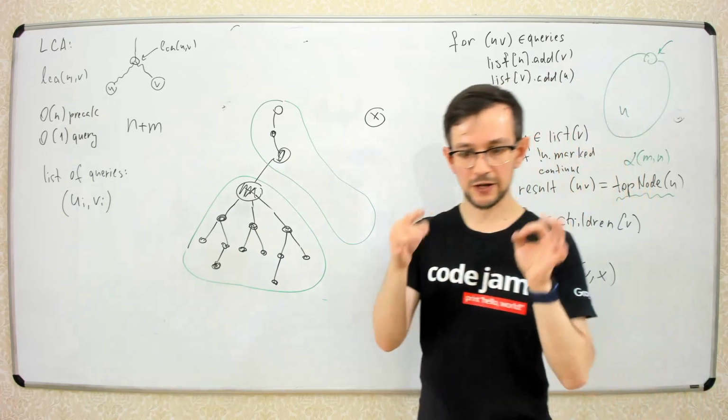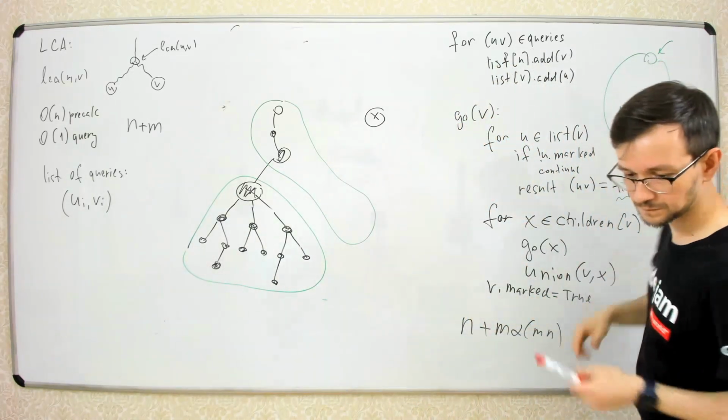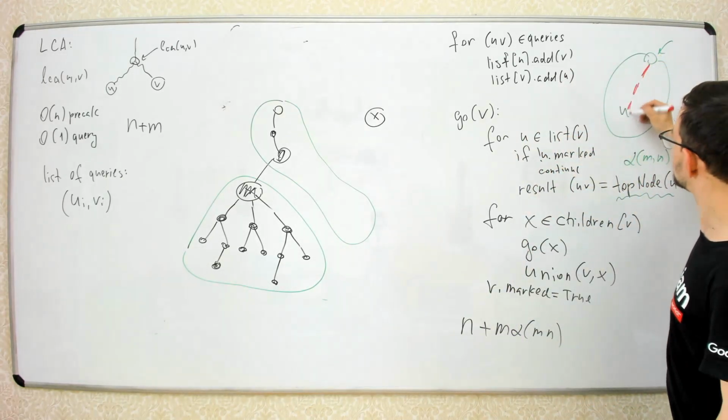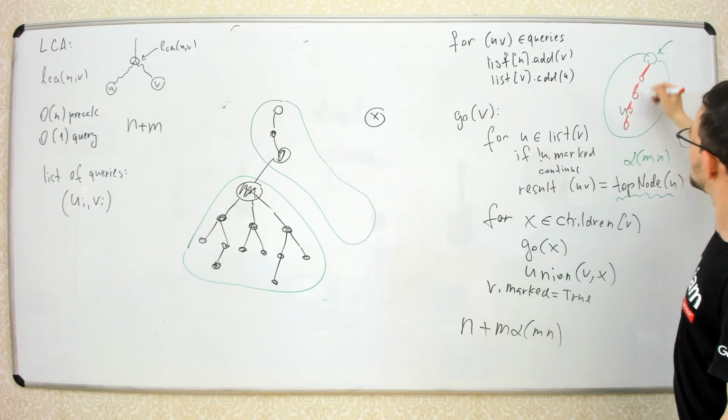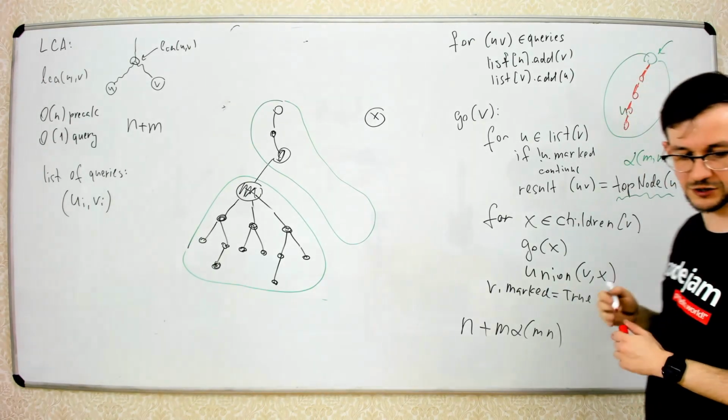Using this link-eval data structure, you can not only find this top node, but also calculate the function on this path. You take the node u and calculate the function on the path from the root to the top node of your set.